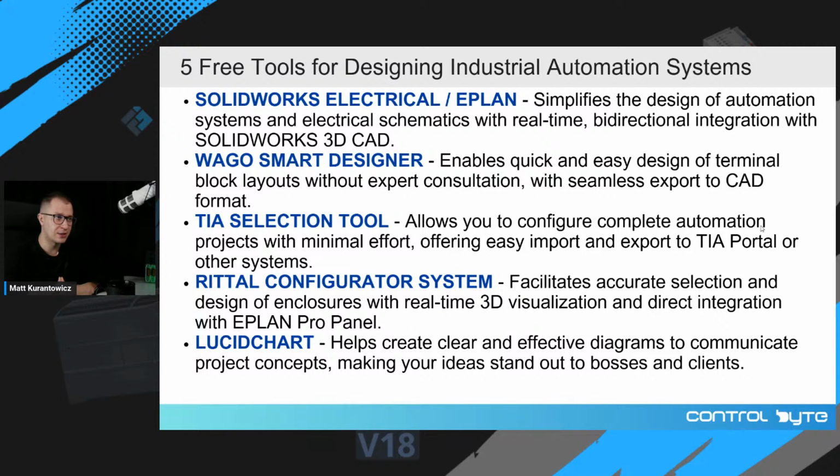Next, we have TIA selection tool for selecting components for our control system. Then we have Rittal configurator system for enclosures for our control cabinets, and the next one is Lucidchart. But I think we can add here AI tools for our industrial automation products. It is really helpful.